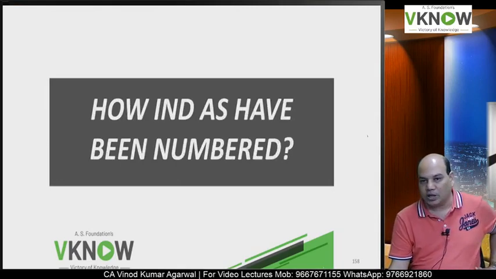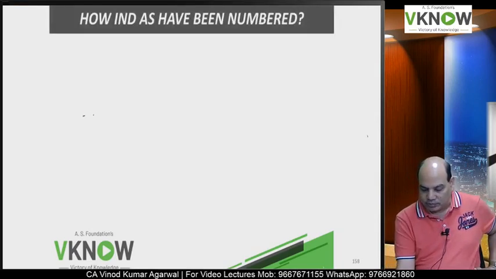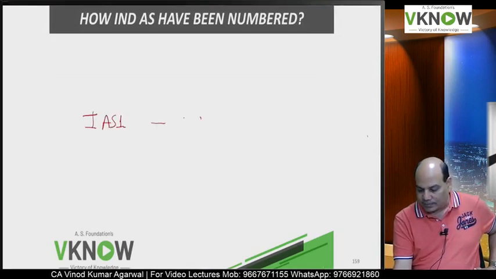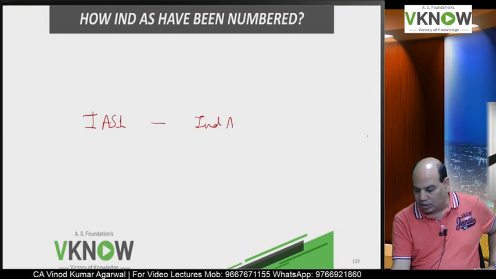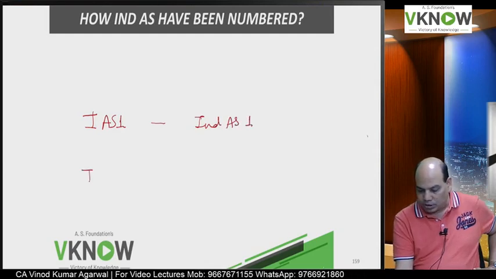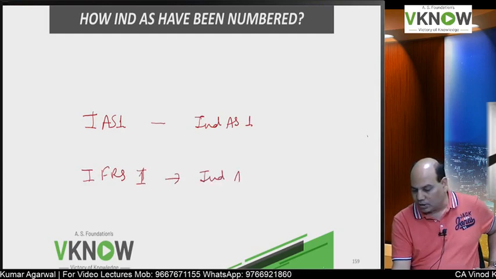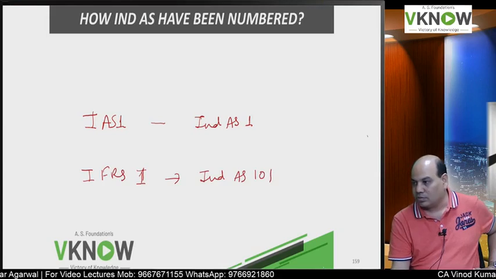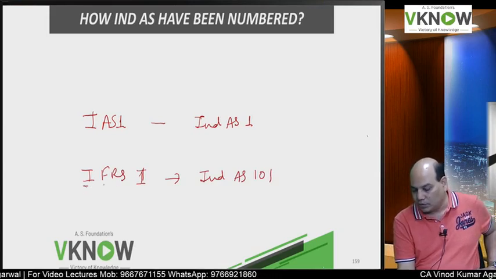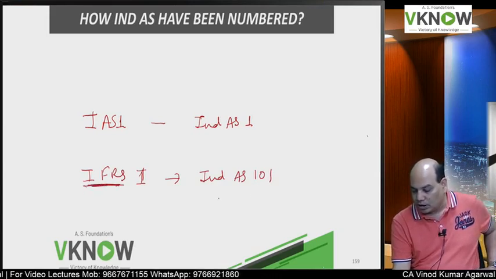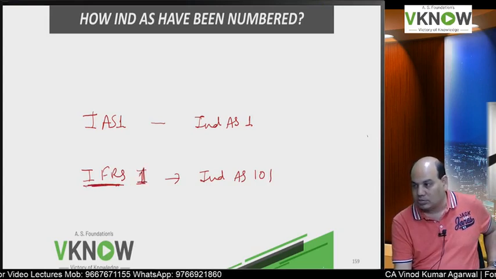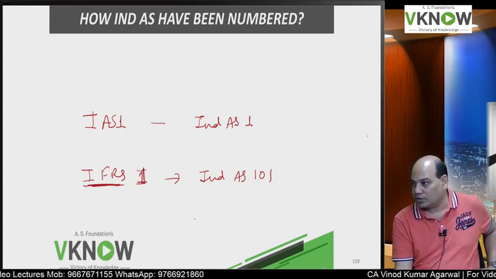How have Ind AS been numbered? Now tell me, if it is IAS 1, it will be Ind AS 1. But if it is IFRS 1, then it is given the number Ind AS 101. So if it is IFRS, I will take 100 plus the number given in IFRS.